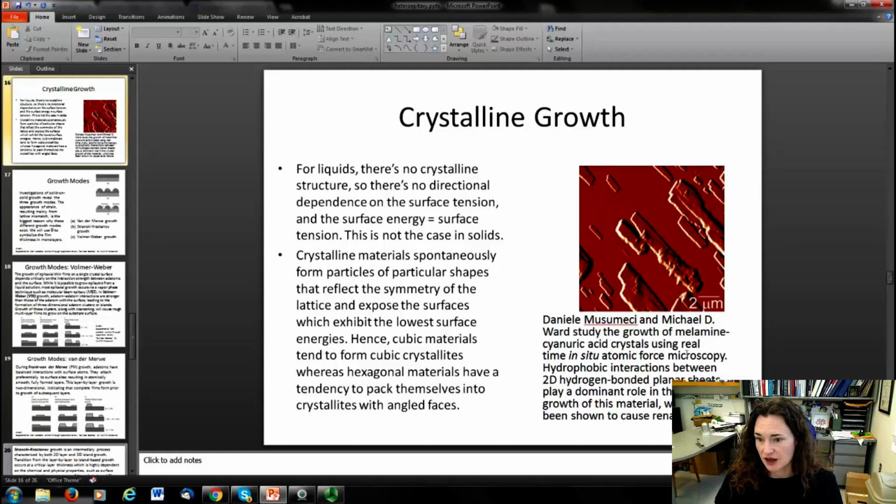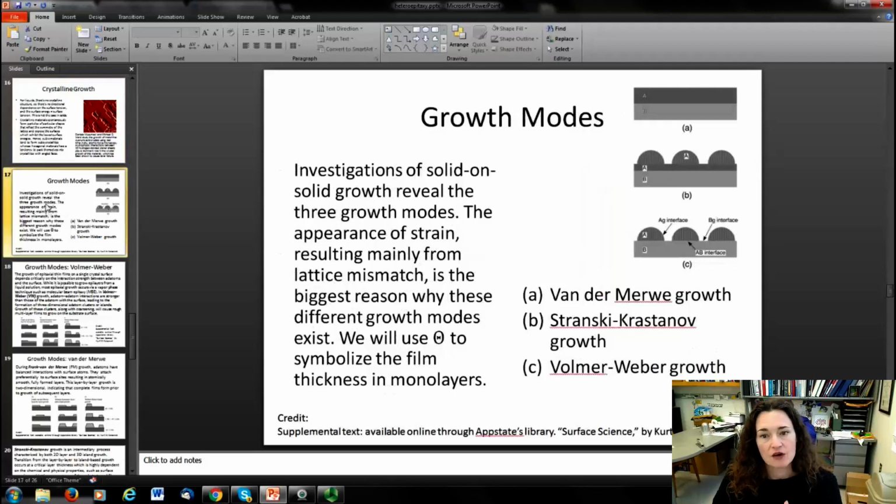Okay. Now here you see an example of that. This is an AFM image showing the growth of a crystal on top of a substrate, and you can see that it tends to form these little rectangles on top of the surface. And that's just because that's the crystalline structure of that material in the bulk. Now, investigations of solid-on-solid growth reveal basically 3 different types of growth modes.